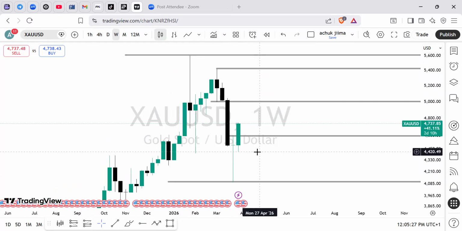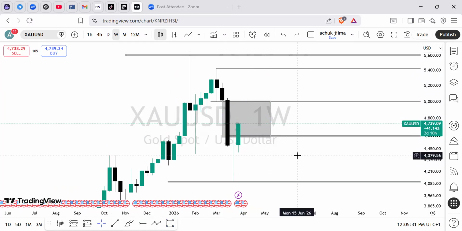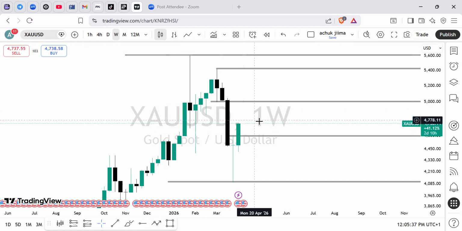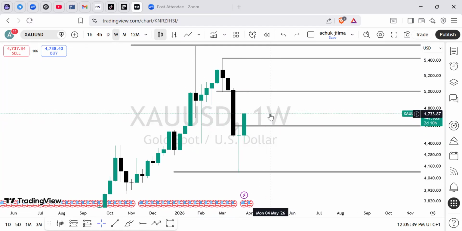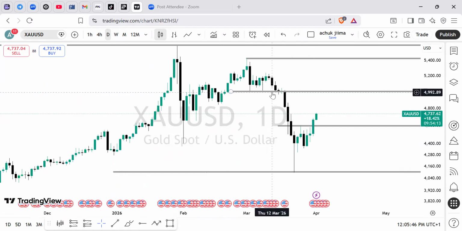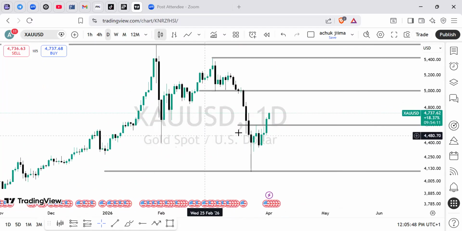So with that being said, we are now trading around here. You've narrowed your trading from the whole of this now into this here. Like we said, we cannot rely on this as a weekly candle closure. We have about 2 days. So for you to be able to understand price better, you can come to the next available time frame, which will be the daily time frame. On the daily time frame, what do you see?